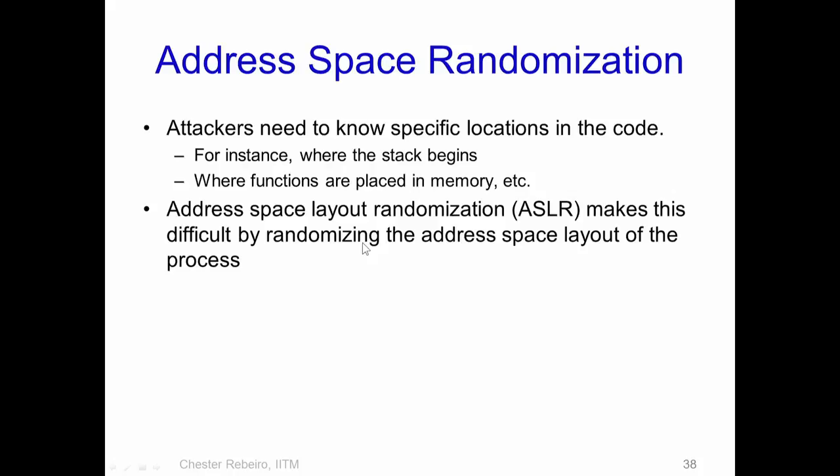Therefore, the attacker would find it difficult to determine where exactly the function that needs to be exploited is present, such as where the function system is located in the address space. Thus, it would make the attack much more difficult.